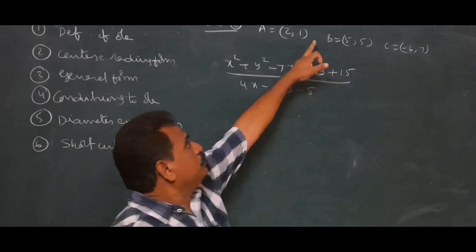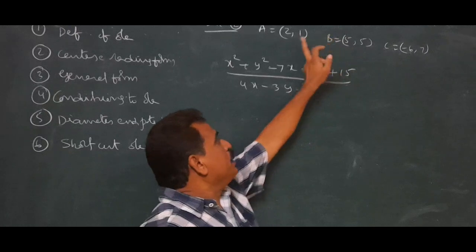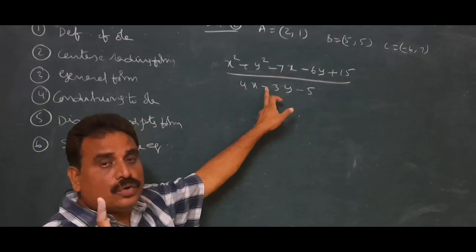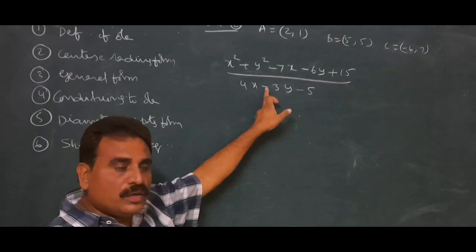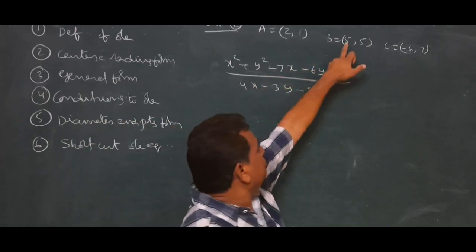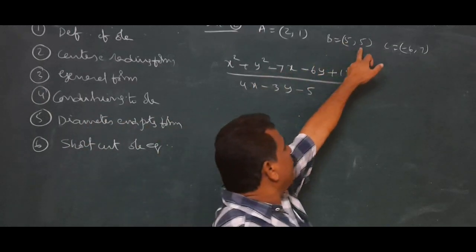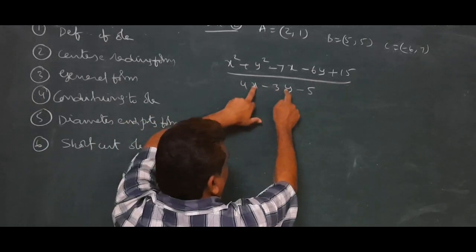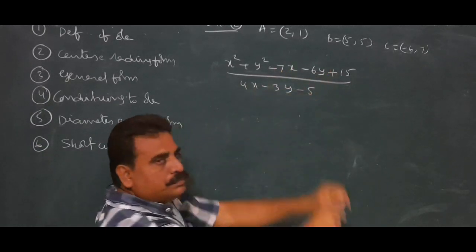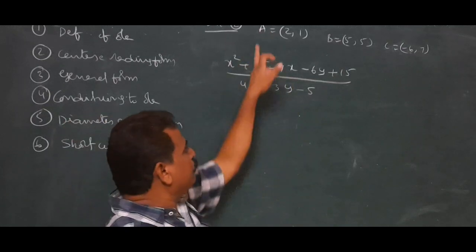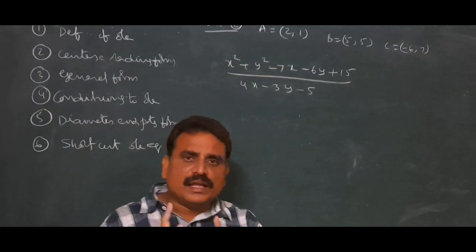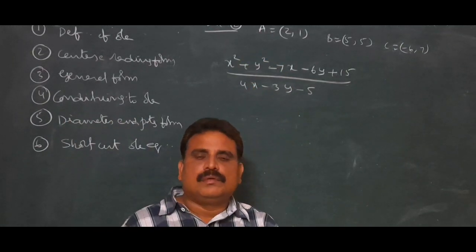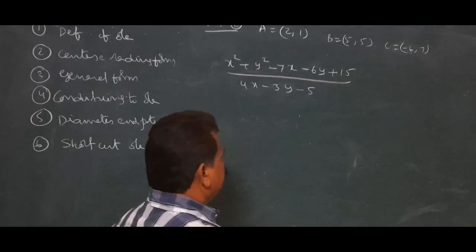Substitute the other point B in this, definitely we get 0. Look here: x is 5, y is 5. 4 into 5, 20, minus 15, minus 5, 0. This also is satisfied. So, it is the line equation passing through the 2 points.